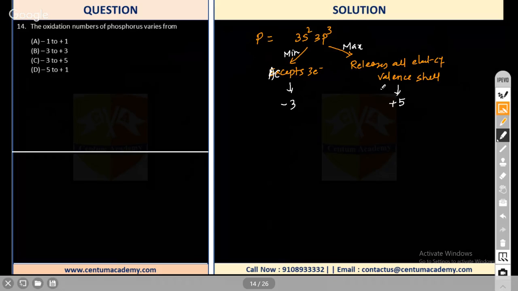There is one formula for this also that I'll write down here.